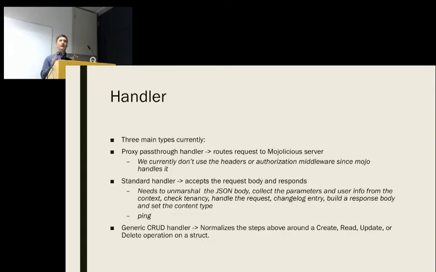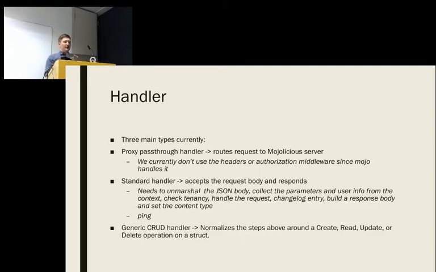So for reads, if you call get all, we want to check it for each one of them. So for that, you actually have to filter them out based on tenant. We do that in the actual implementation of read rather than on the generic side, because it's almost more work to do it afterwards on the generic side.